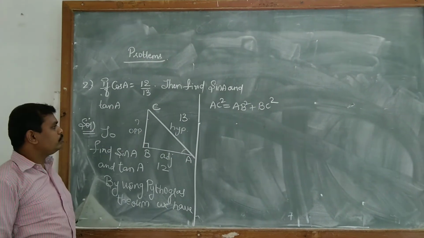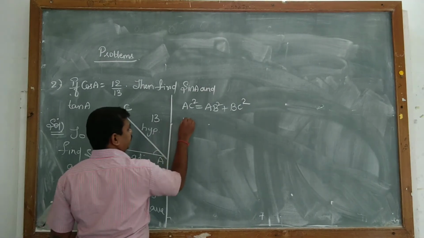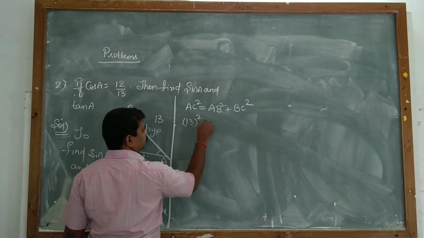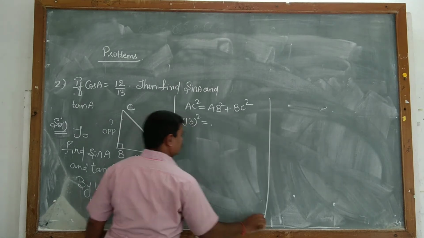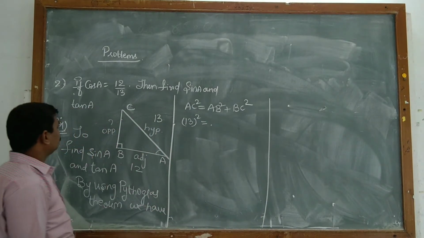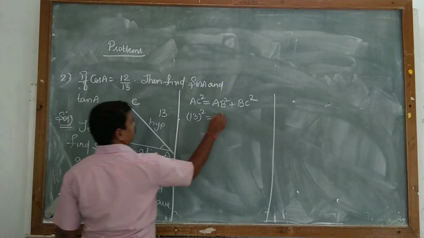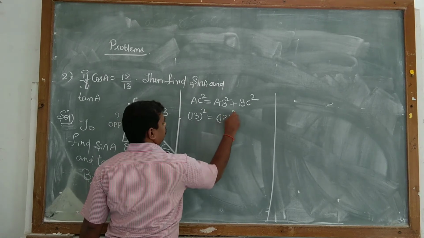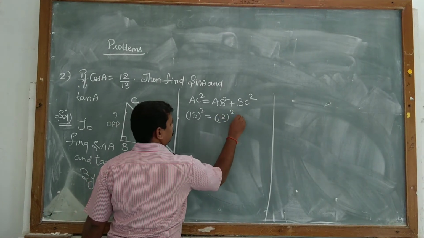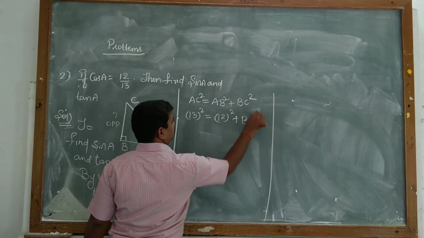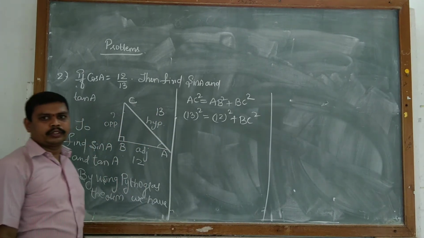What is AC value? 13 square is equal to, what is AB value? 12 square. What is BC square? We don't know. We need to find out the BC square value.